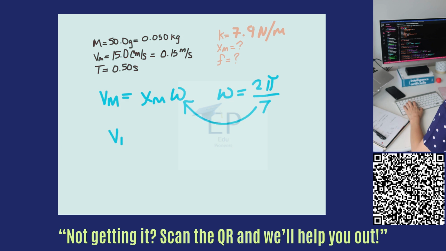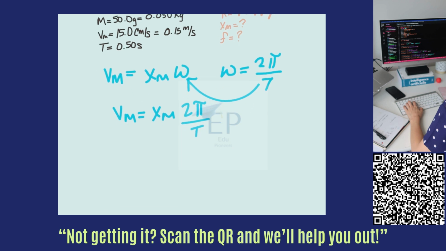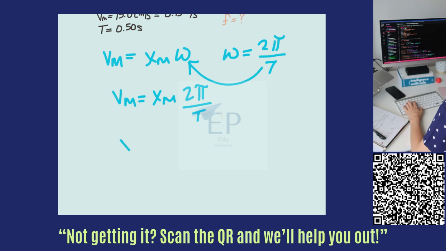So we end up with velocity equals xm times 2 pi over T. And then when we solve for xm, we will get that xm equals our period times our velocity divided by 2 pi.